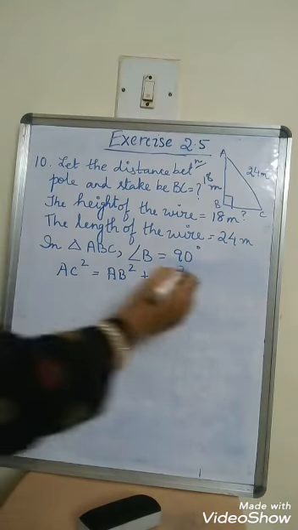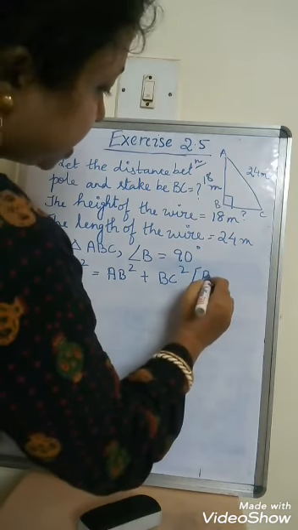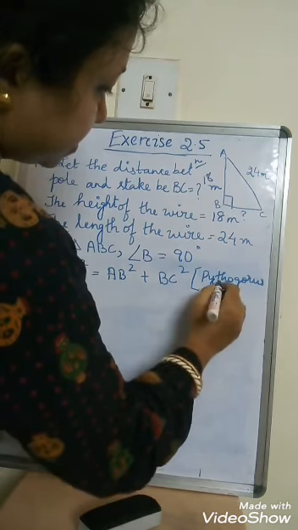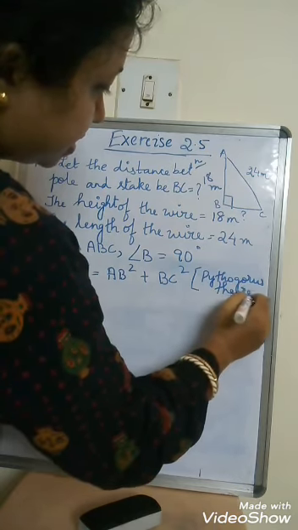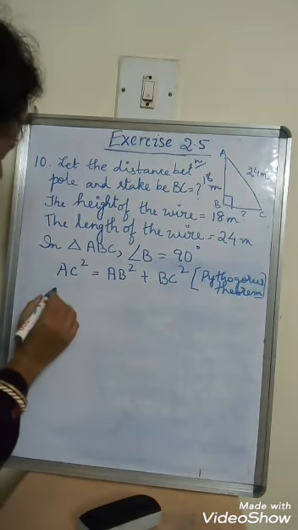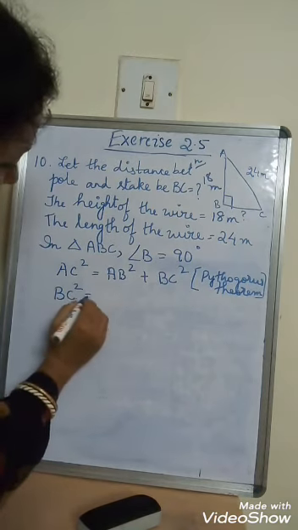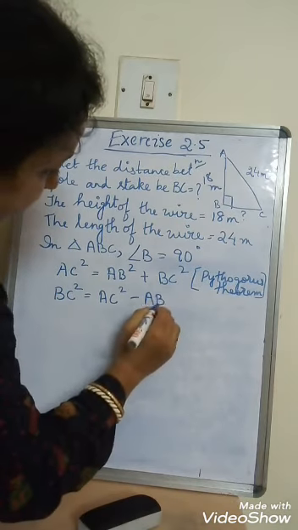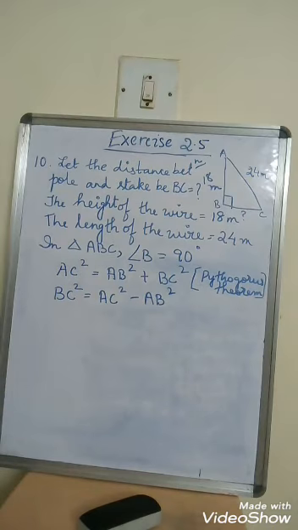We got it from Pythagoras theorem. Now we are going to find out BC. So BC square is equal to AC square minus AB square.